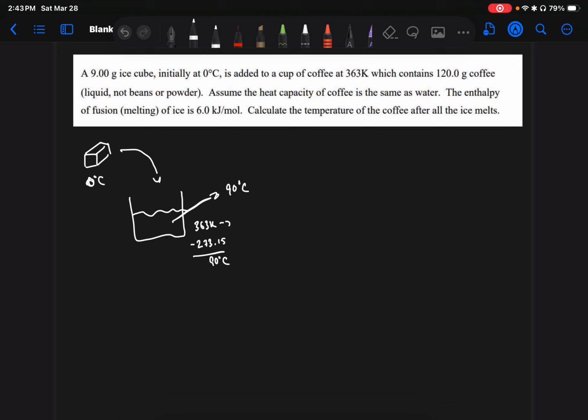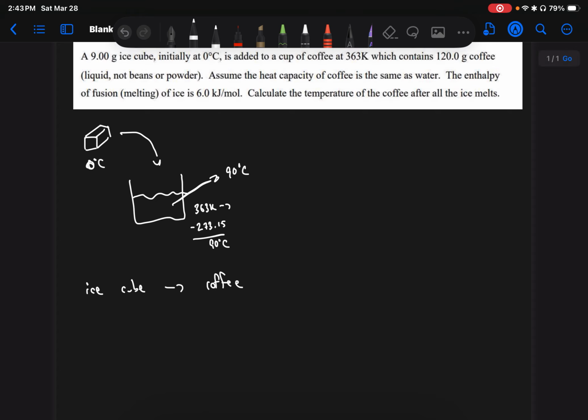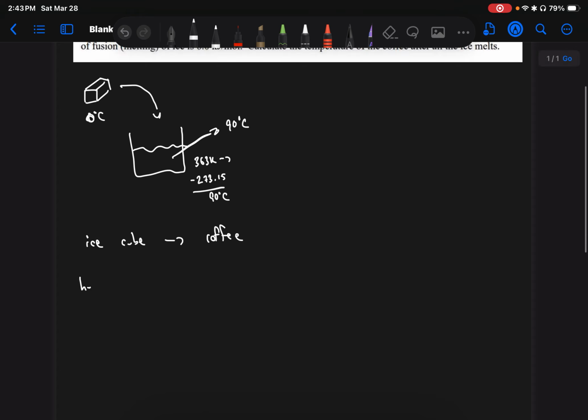Well, the ice cube heat will go into the coffee. Ice cube goes to coffee. So the heat of the ice cube, heat lost, or wait, okay, now I'm getting confused.